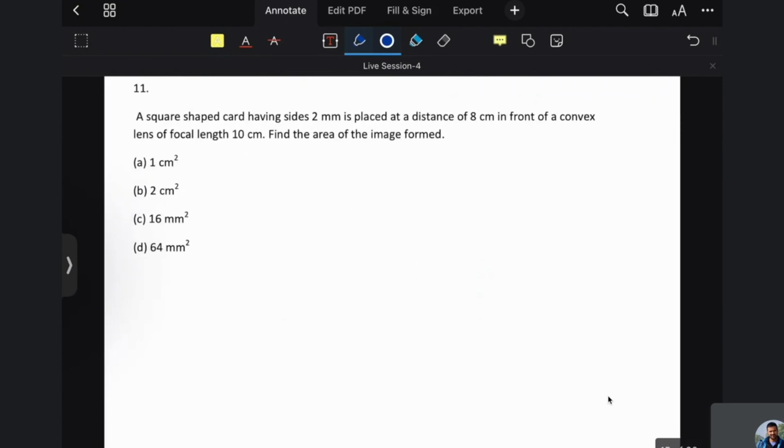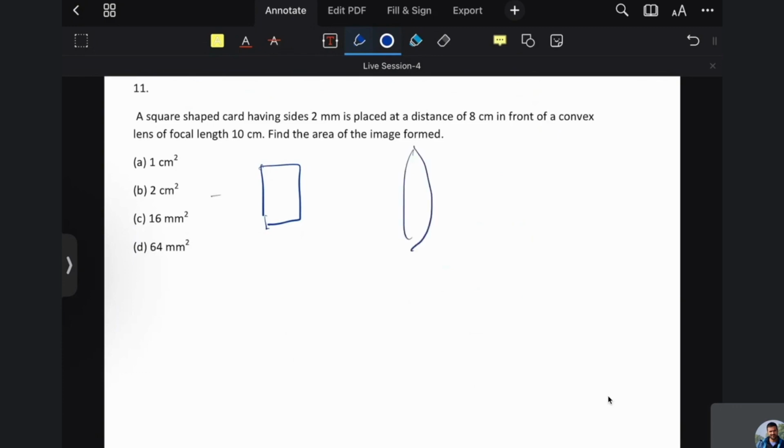Here the question is, a square shaped card having sides 2 mm is placed at a distance of 8 centimeter in front of a convex lens of focal length 10 centimeter. So you have a square shaped card, and then you have a convex lens.